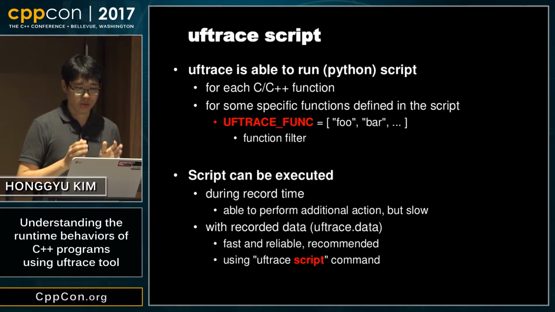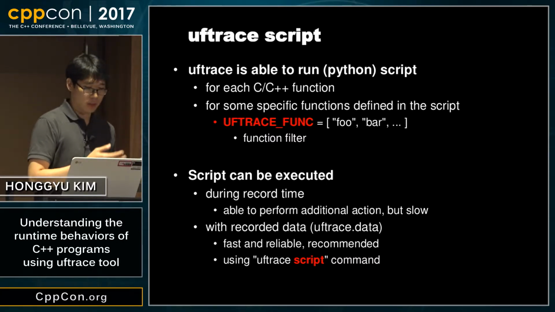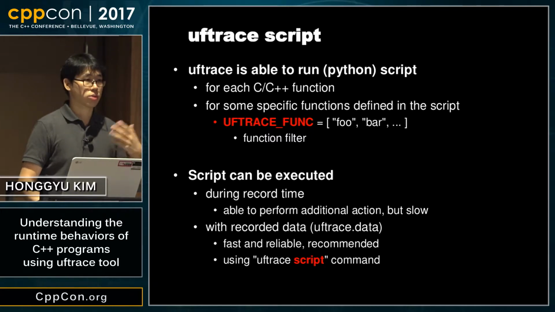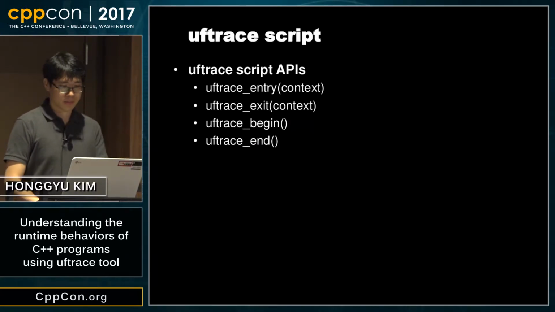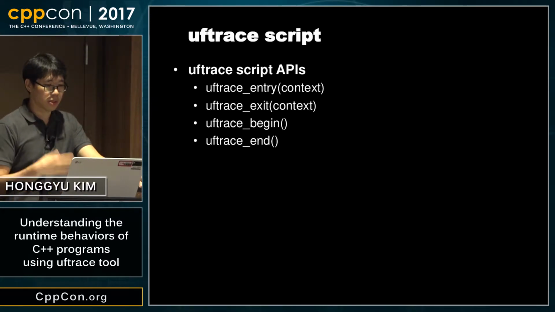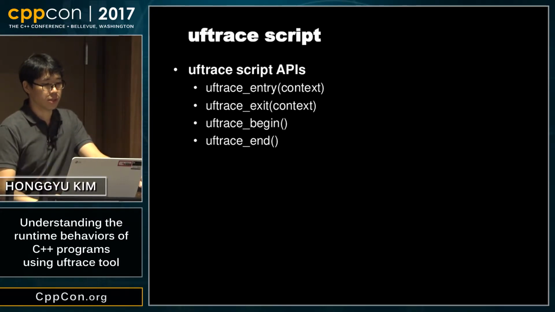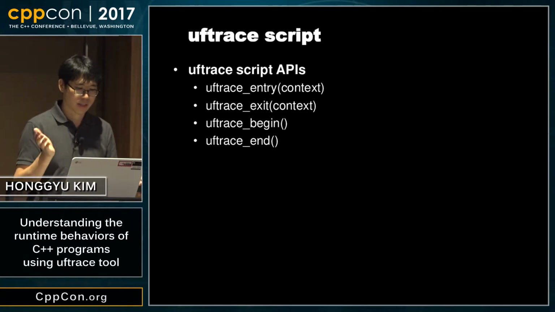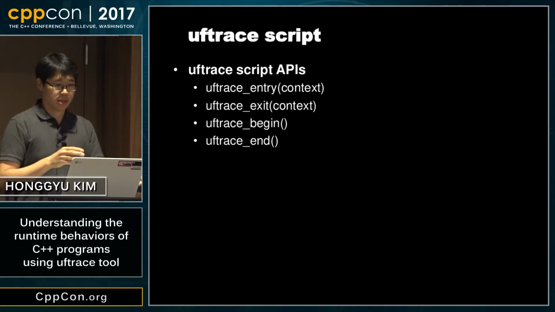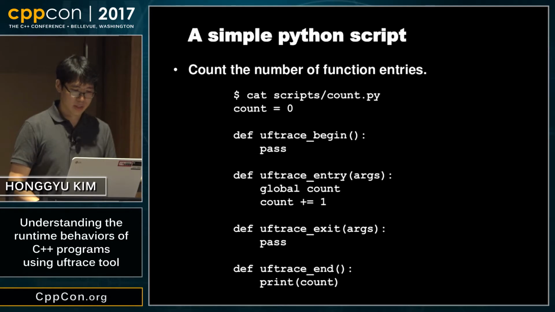You can use this command to read the recorded data, and then you can also process function entry and exit in the same way. It provides four functions, and uftrace entry is invoked whenever the function is entered. Uftrace exit is invoked whenever the function is exited, and then begin and end, those are executed only once.